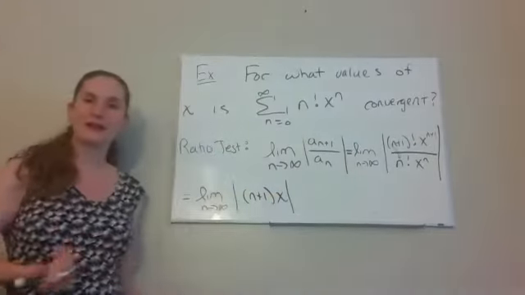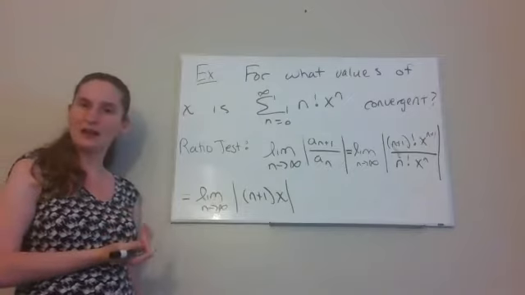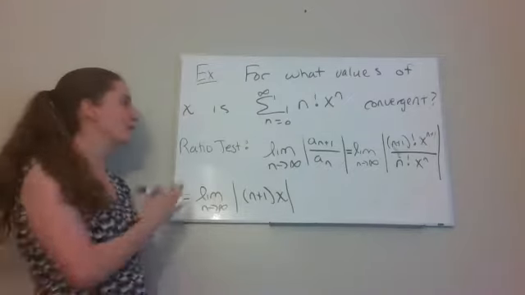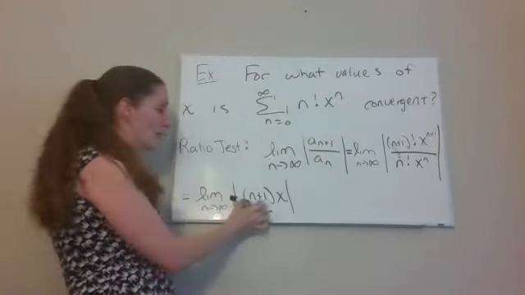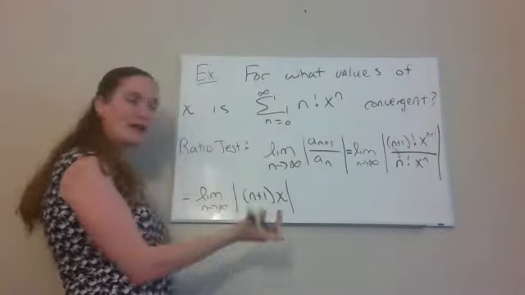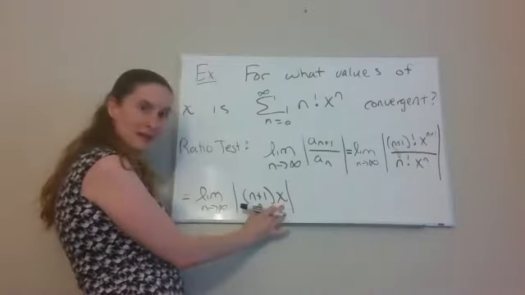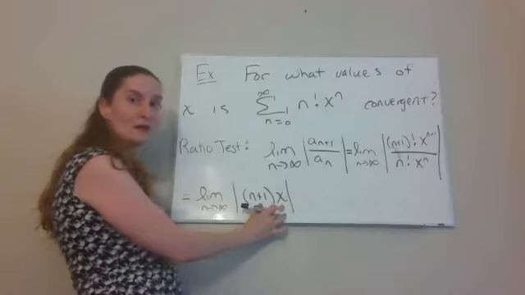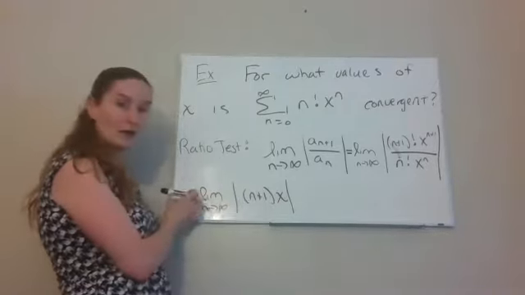And now let's think for a second. n plus 1 is going to be something positive because my n started at 0 and went up to infinity. So no matter what, n plus 1 is positive, so I don't really need the absolute values there. This x can be anything, so it needs absolute values. But since that x does not involve n, I can pull it out of the limit.